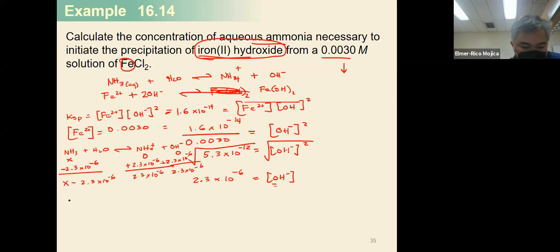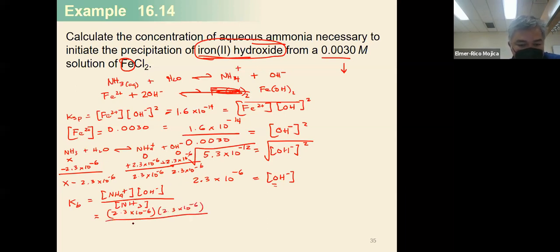So you have a Kb. Following that equation, NH4+ times hydroxide over NH3. And then you replace it with the values that you have there. So you have 2.3 times 10 to the negative 6, 2.3 times 10 to the negative 6, and then here x minus 2.3 times 10 to the negative 6. And what is the Kb here?